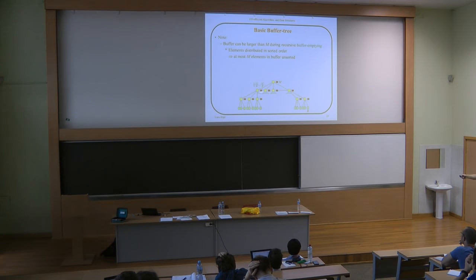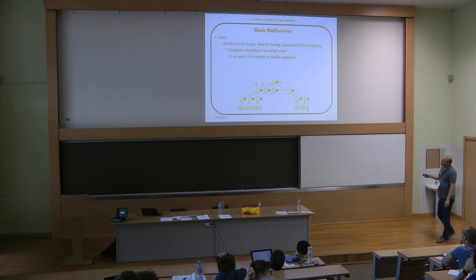If this was almost full already, this is now very full. It contains 2M elements. If I now empty this and push it down here, it could be that they all go to the same buffer, which now could contain up to 3M elements. So things can really cascade as we go down. Buffers can become very, very big while we are in the process of emptying them.